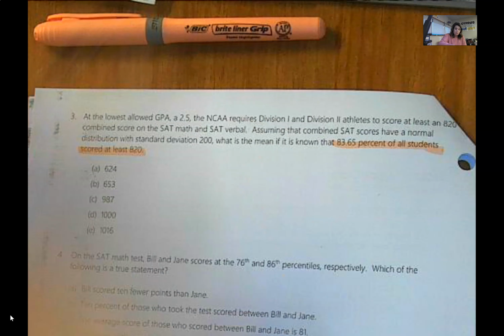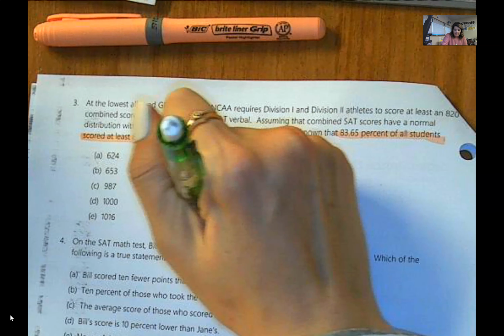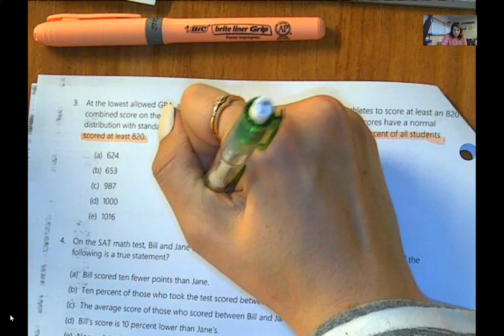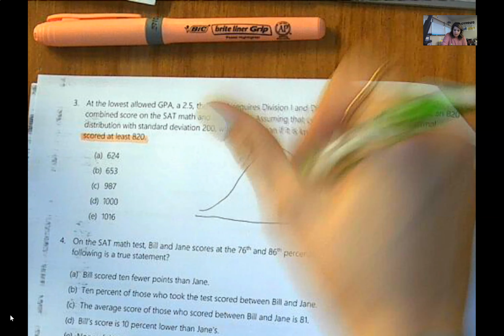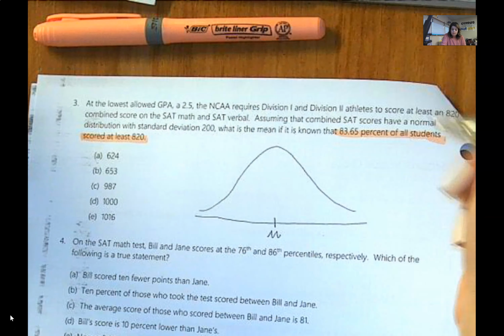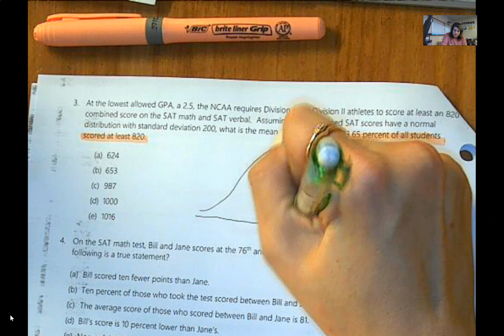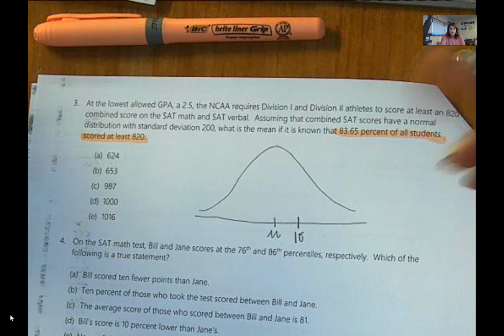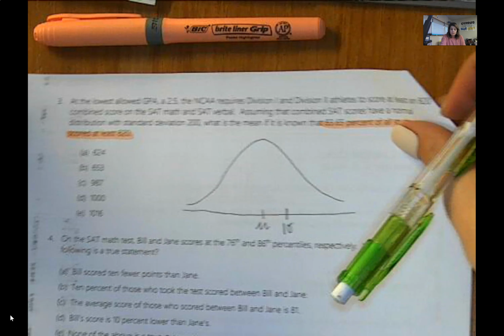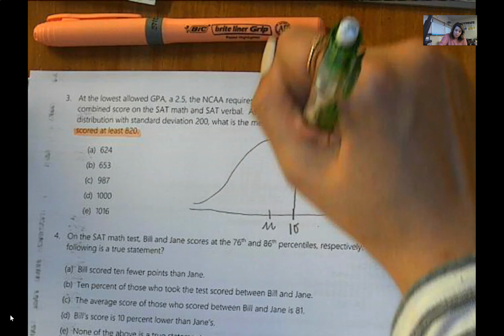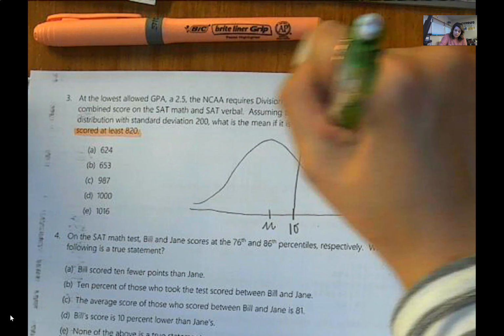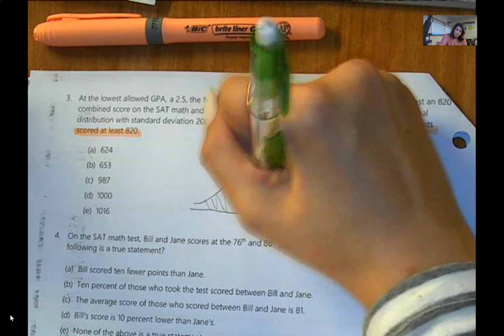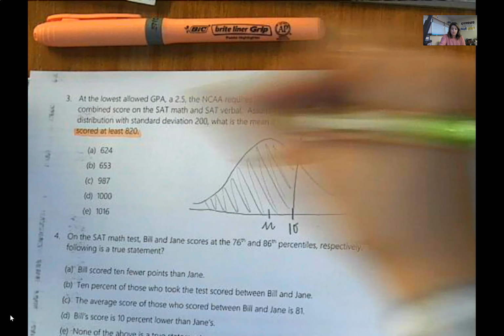So, what we know then, based off of that, is that if I have a normal curve with mu in the middle, 1 sigma is going to be the point at which 84% of the students are below it.